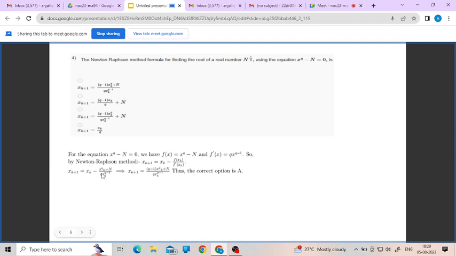Okay, so you'll get option A. I hope everyone is getting it. If anyone has doubt, you can say. So got it? Shall we proceed?